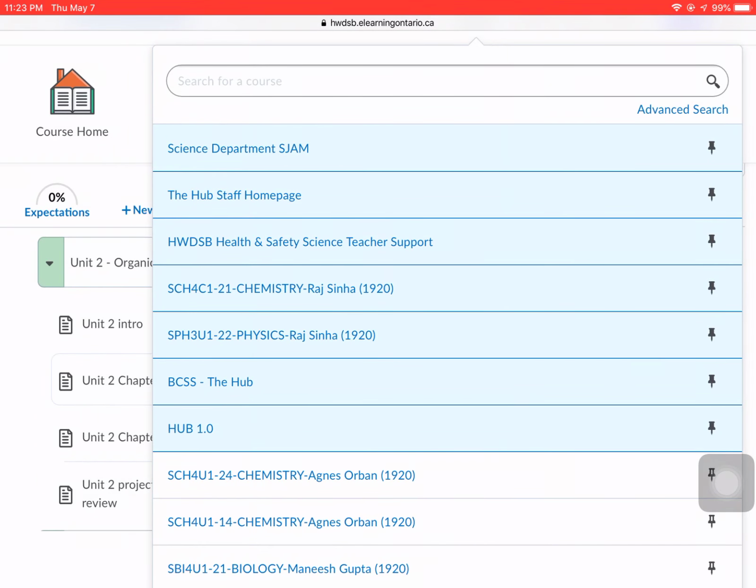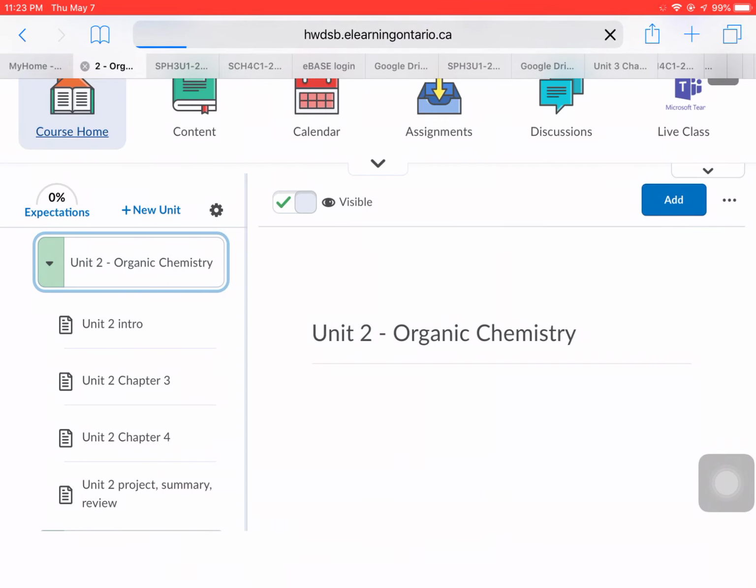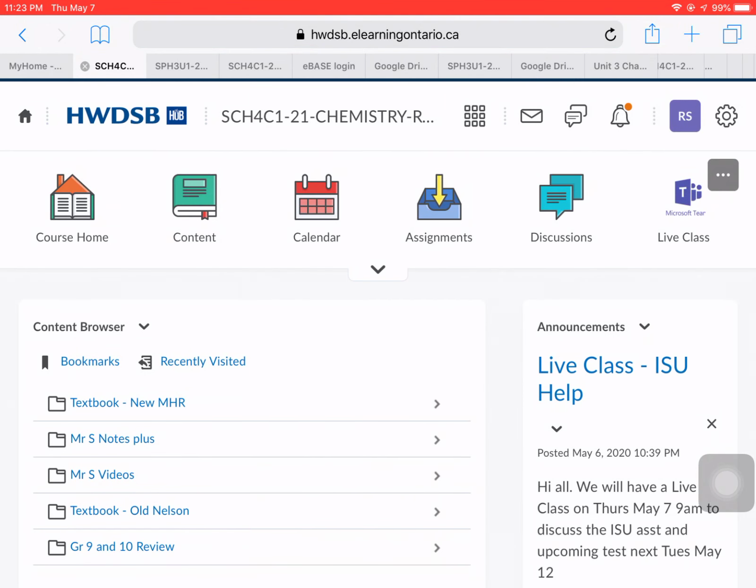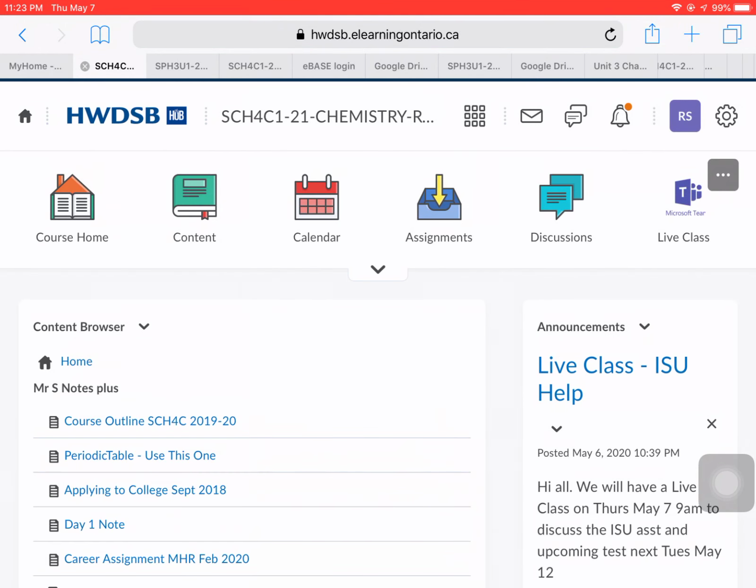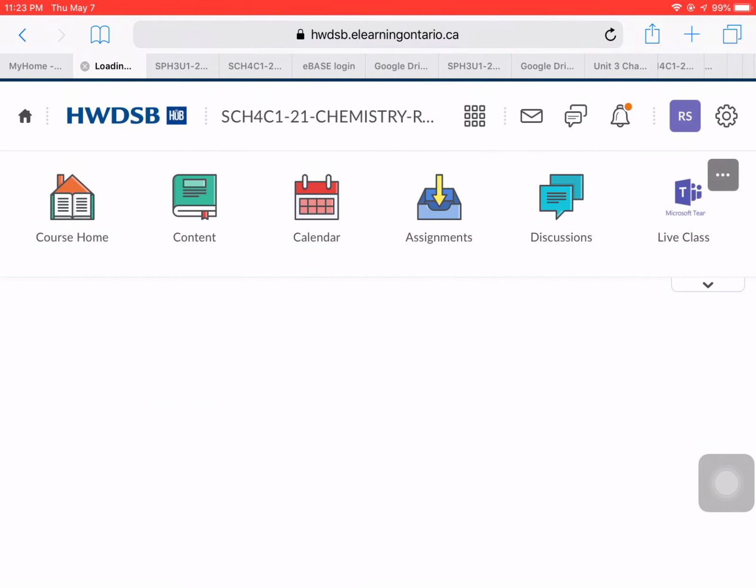These laptops are quite slow. Okay, let's close up Unit 2 here. Sorry, it's taking a moment. Mr. Sinna's notes plus, and there's the periodic table right there. It's the first thing right at the top of the list.